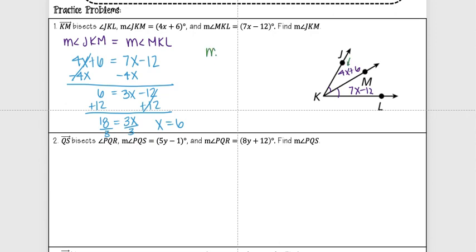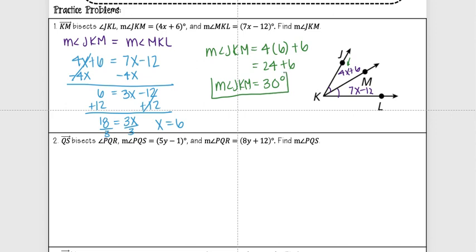The measure of angle JKM is equal to 4 times x, which is 6, plus 6. 4 times 6 is 24, and 24 plus 6, I get 30 degrees. Since we're finding an angle measure, I put that degree symbol on there.